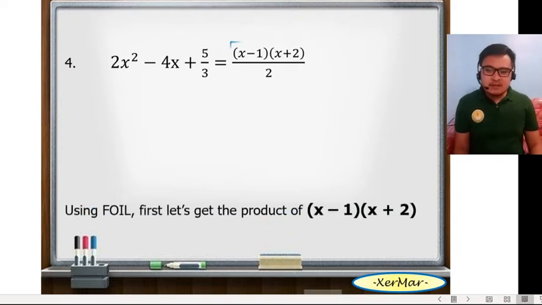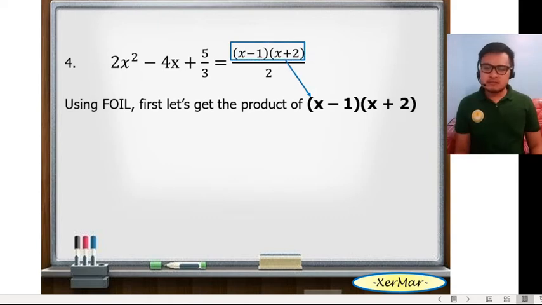So first, we have to get the product of quantity of x minus 1 times quantity of x plus 2 using FOIL. Okay, so kanina, alam na natin yung FOIL method. Okay, so ginagamit natin yung FOIL method kapag we are multiplying different binomials.